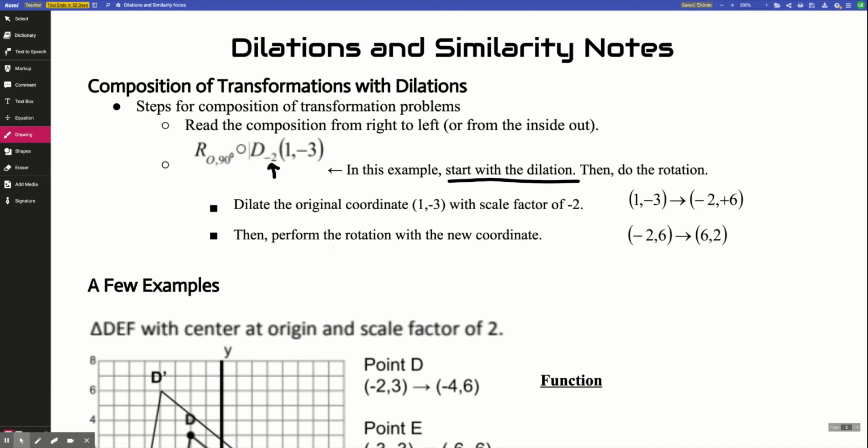Then after that, perform the rotation with the new coordinate. I'm applying the 90-degree counterclockwise rotation rule to this new coordinate, not the original one. That rule is you switch the x and the y and change the sign of your new second value. So -2, 6 becomes +6, +2.